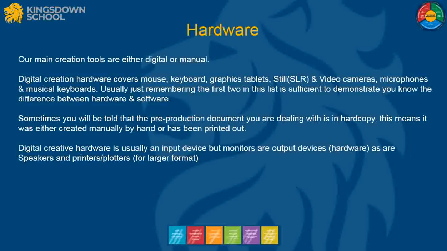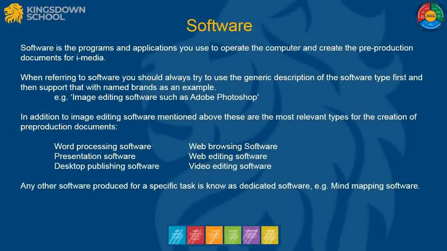Slightly closer look at the software involved here. One thing that you do need to remember with this is when you are referring to software, you should always try to use the generic description of the software type first, and then support that with a named brand. As an example, as you can see here, I've used image editing software such as Adobe Photoshop.